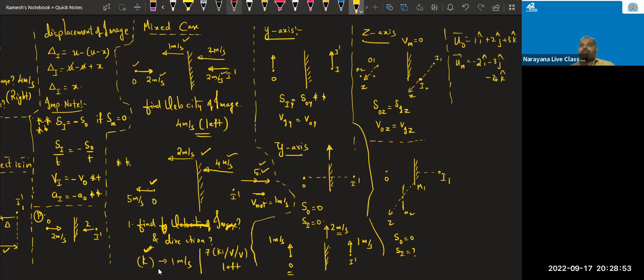Okay. Tell me, find the velocity of the image. Understood or not understood? Will you try? This is a JEE Advanced problem. The numbers I did not remember exactly, but the flavor of the question I still remembered, because I solved it. You try now. With your talent, you have to do it.